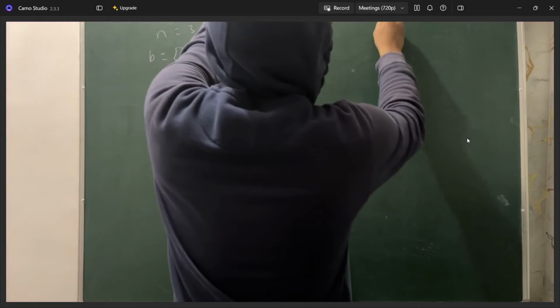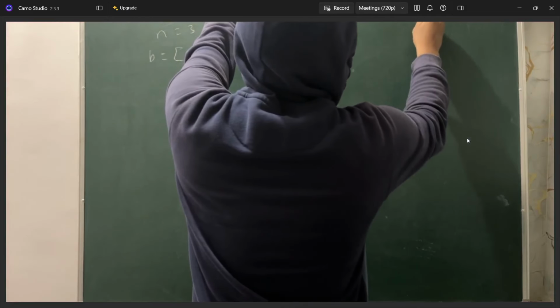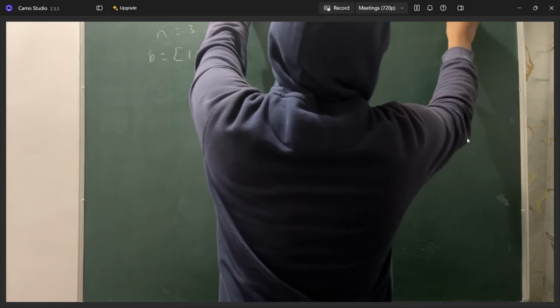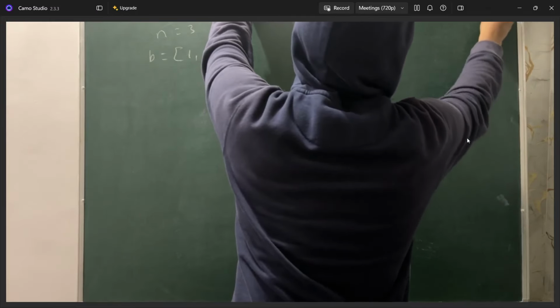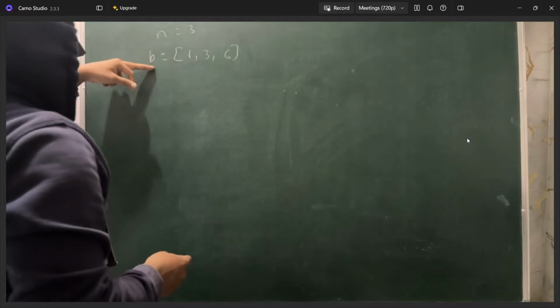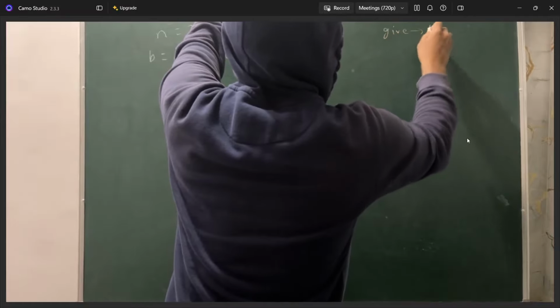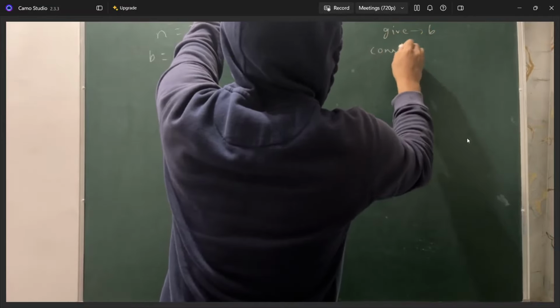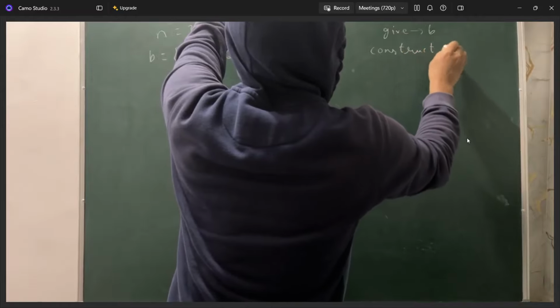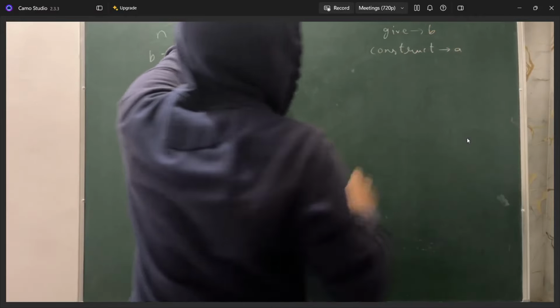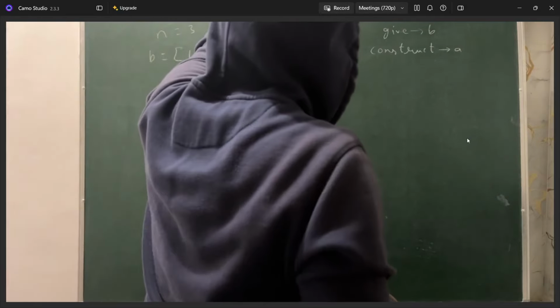So they will give n as the length of array A, or you can count the length of array B also. Basically they'll give B, and you will have to construct A based on B. So what is the definition of B?